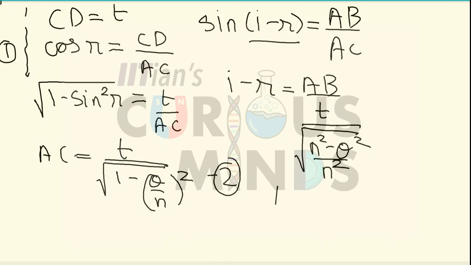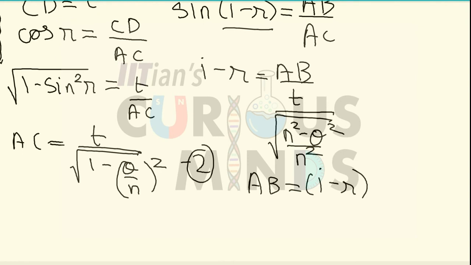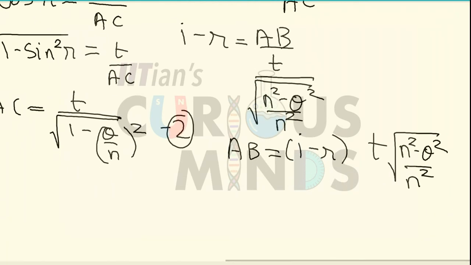So AB is equal to i minus r into t times root of n square minus theta square divided by n square.